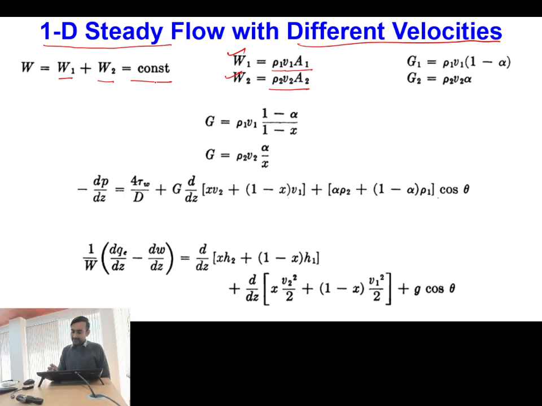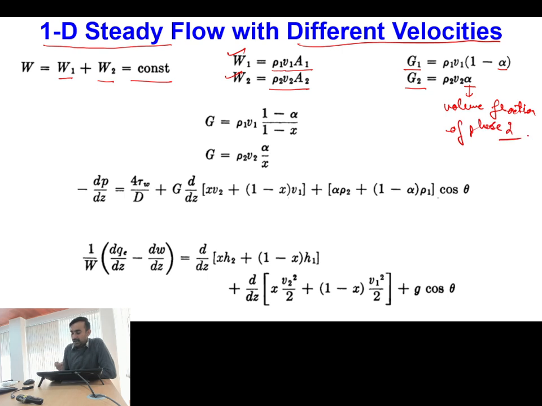Whenever we try to deduce these equations further, majority of the time we represent these in terms of mass flux. So the corresponding values of the individual mass fluxes G1 and G2 are also given in terms of the volume fraction alpha, where alpha is nothing but the volume fraction of phase 2.